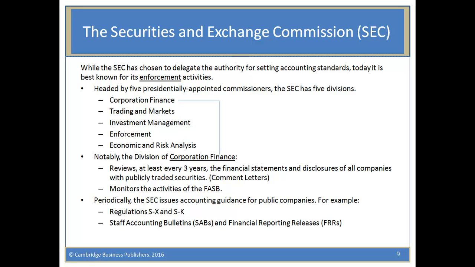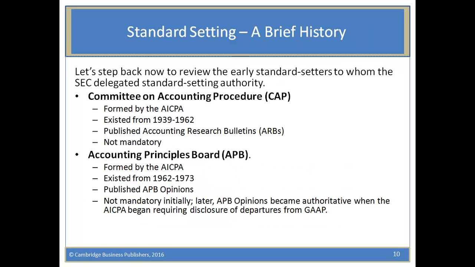Periodically, the SEC issues accounting guidance for public companies. Examples include Regulations SX and SK, staff accounting bulletins, and financial reporting releases. These guidance will be covered in Accounting 2374.